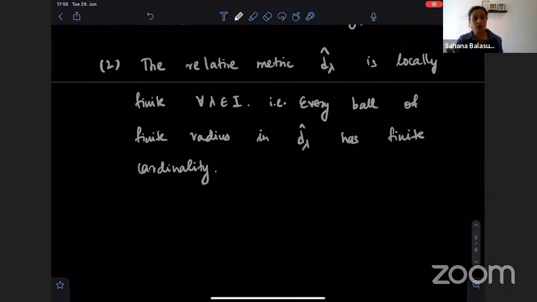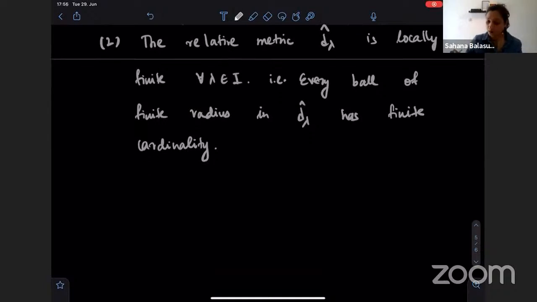And notice that I do not request that the cardinality of the ball needs to be uniformly controlled or anything like that. No, if you change the radius or if you consider balls of the same radius in different parts of the space, this cardinality may very well change. But as long as it's still finite, that's all that I care about.